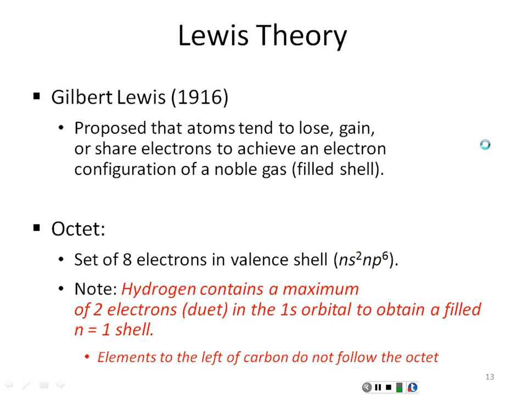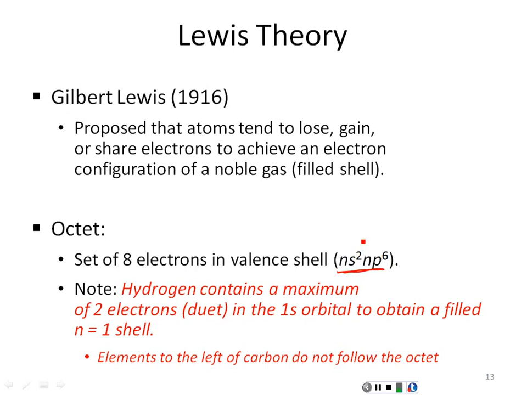And this is where the idea of the octet comes from. If you've taken chemistry in high school, you probably remember the octet rule. What that is, is a set of 8 valence electrons fills a valence shell. So when we're not considering transition metals, we're just considering the main group elements, 8 electrons will fill a valence shell.